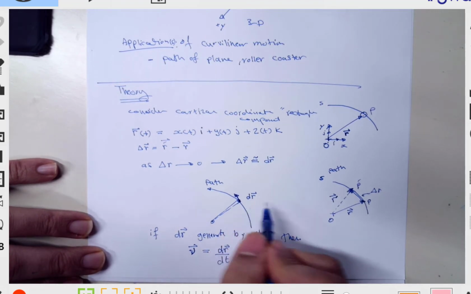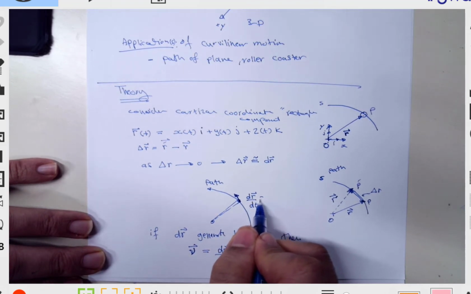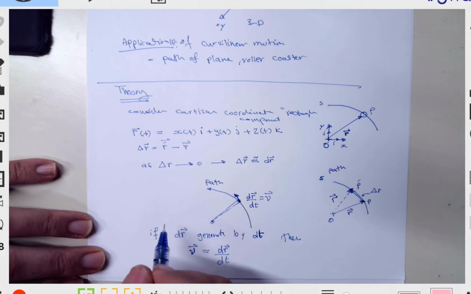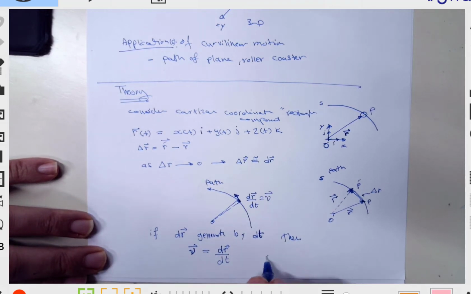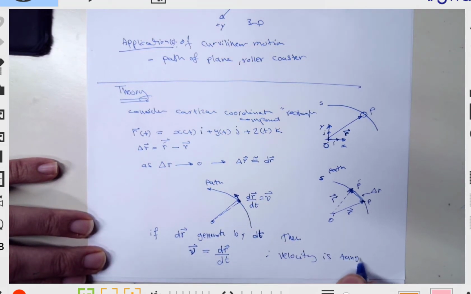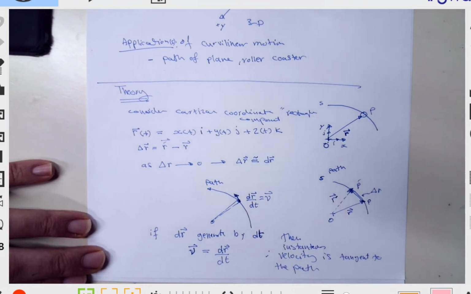So if I divide this over dt, that's going to give me the instantaneous velocity. So always the velocity is tangent to the path. The instantaneous velocity is always tangent to the path.